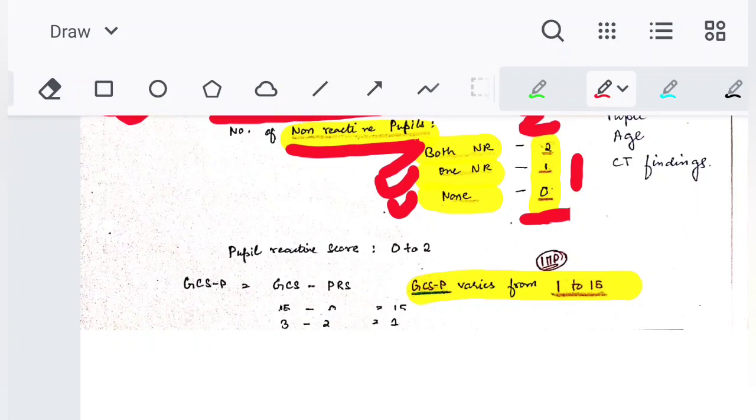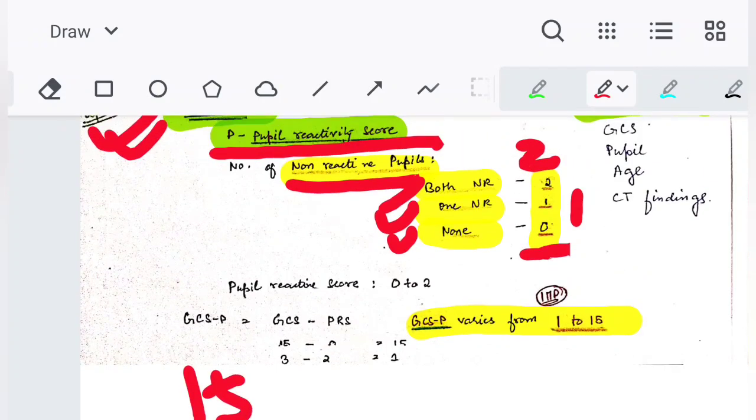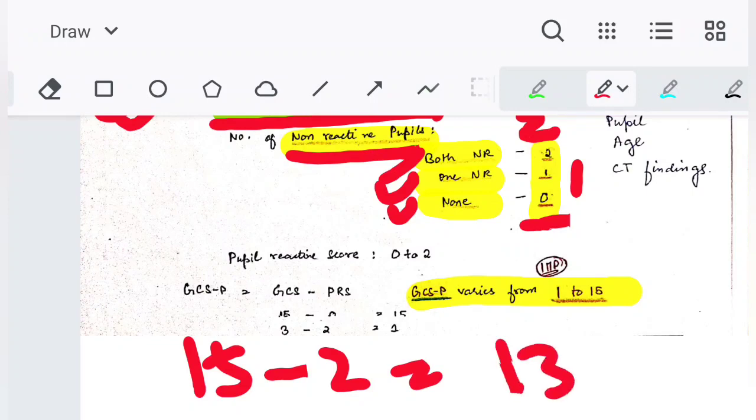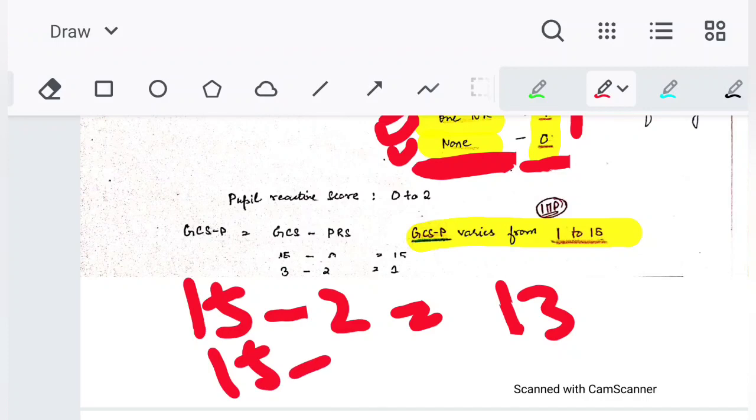Suppose GCS is coming as 15, then both the pupils are non-reactive, then minus 2 it will be 13. If both the pupils are reactive to light, then 15 minus 0 is equal to 15.